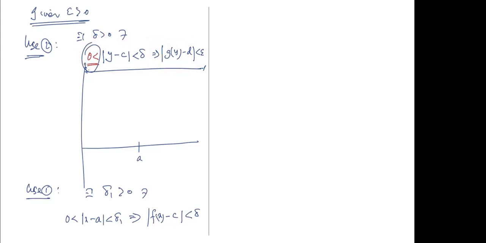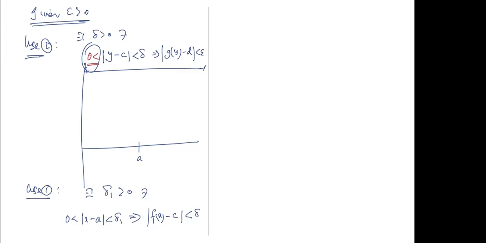Okay. So think of, for example, f could be a constant function. f could be just the constant function c.